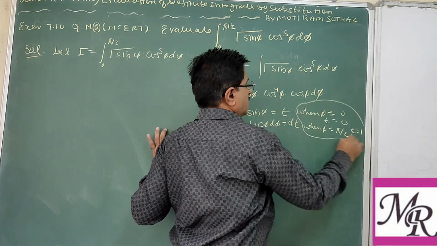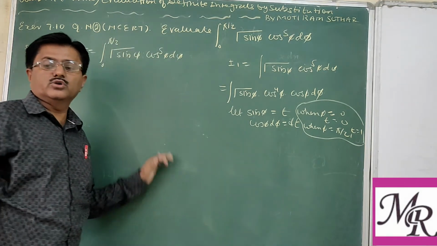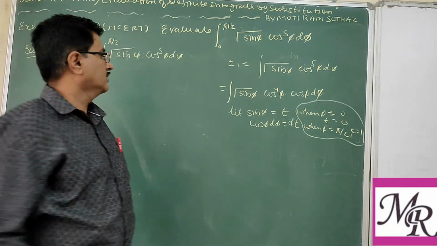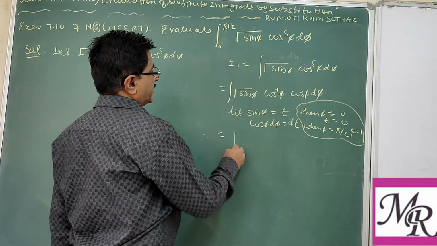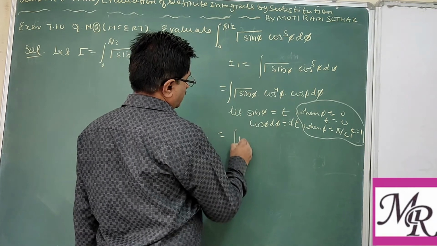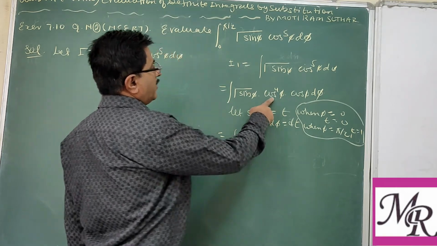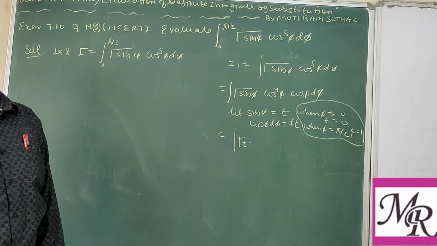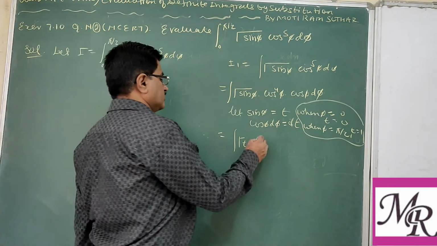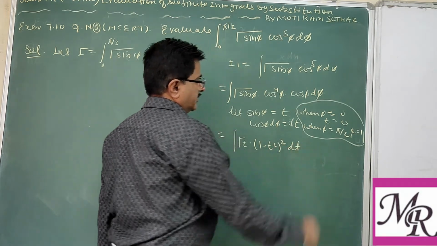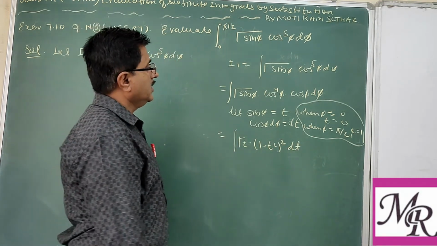So you may change the limits also, and there is no need to re-substitute. Clear? So now what we get? Integral of root t, now cos power 4 can be written as cos square whole square, and cos square is 1 minus sin square, and this is t.